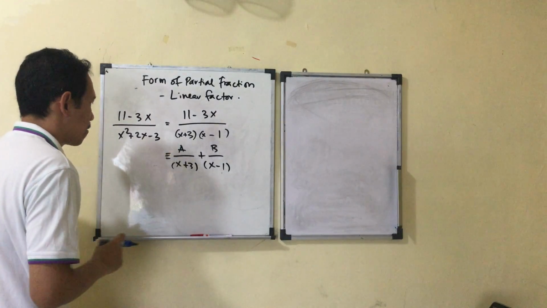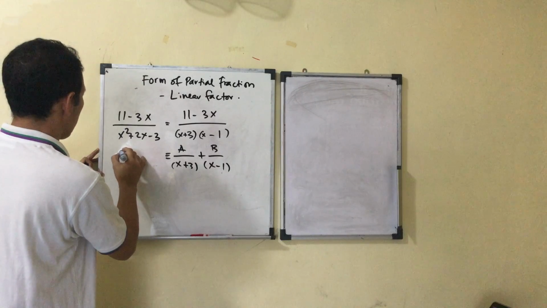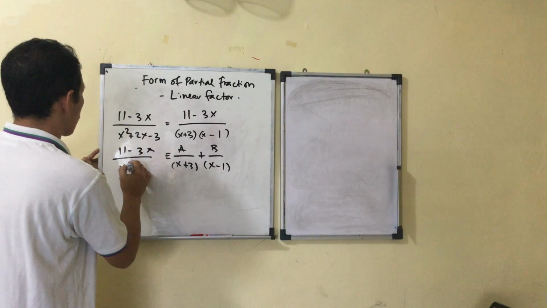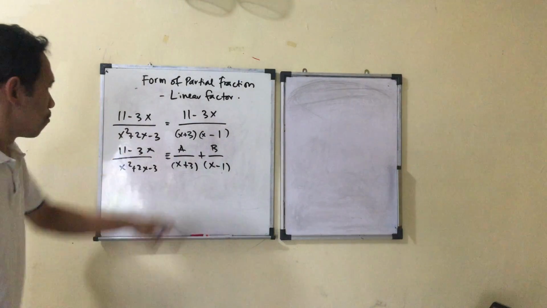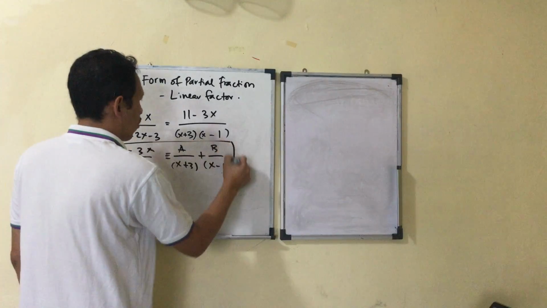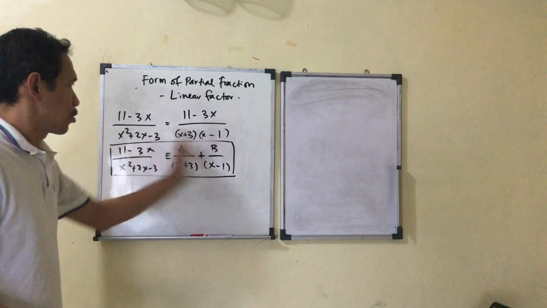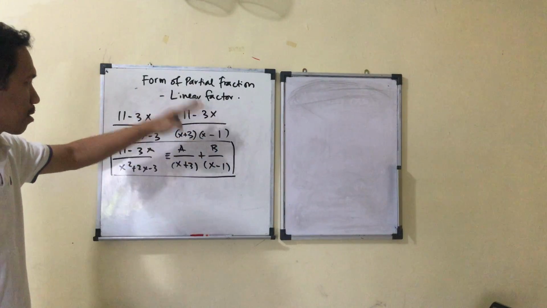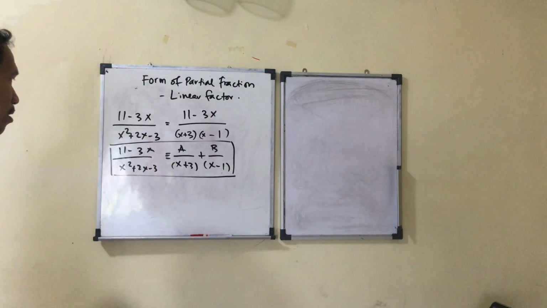So how can you get the values of A and B? We have 11 minus 3x divided by x squared plus 2x minus 3, in that form. This is the form of partial fractions that you have to change them into first. So first you have to know the way to decompose them into partial fractions.